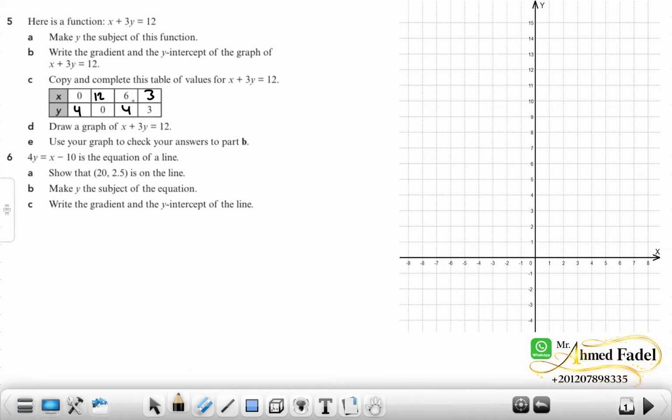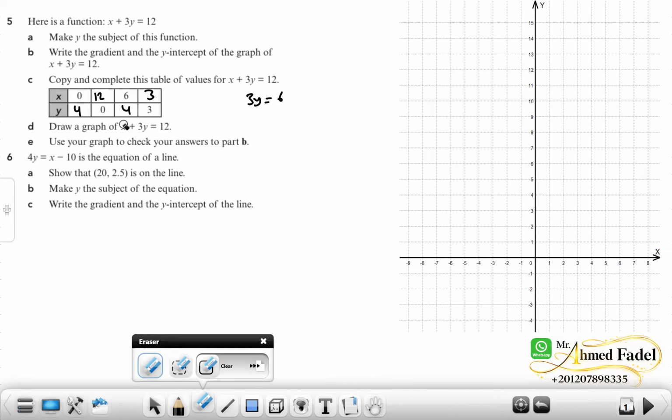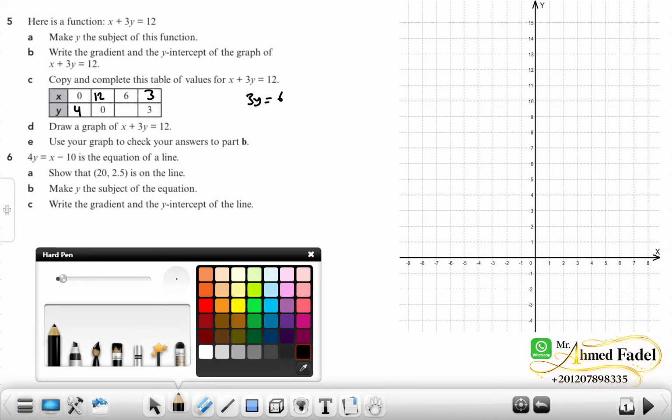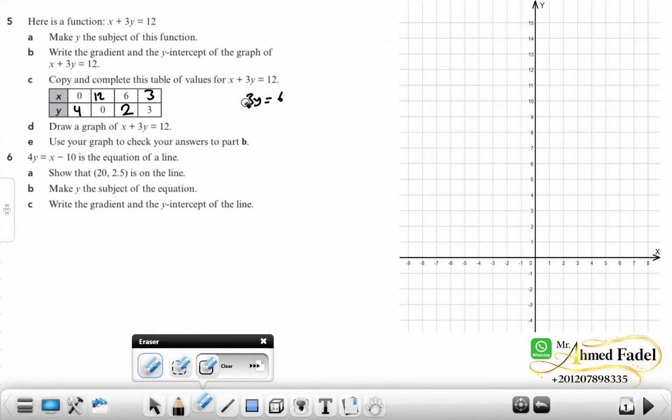I can't remember. Okay, let's do the 6 again. The 6, the x, send it to the other side, is going to be 3y equals 6. So y equals 2. So this is a 2. Sorry, guys, getting old. So this is a 2.